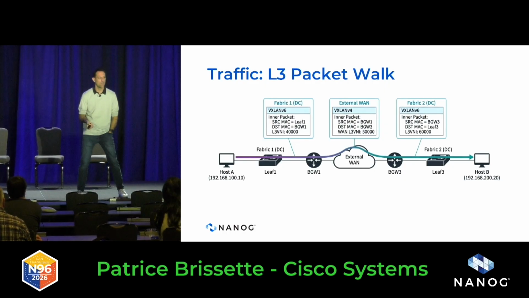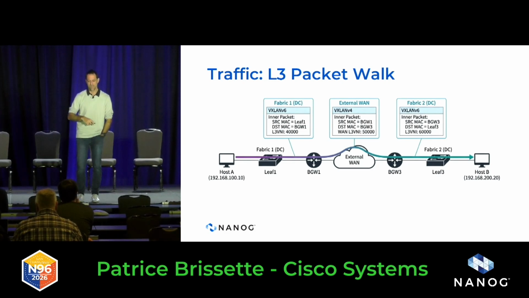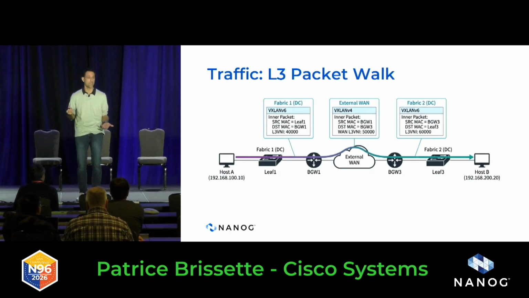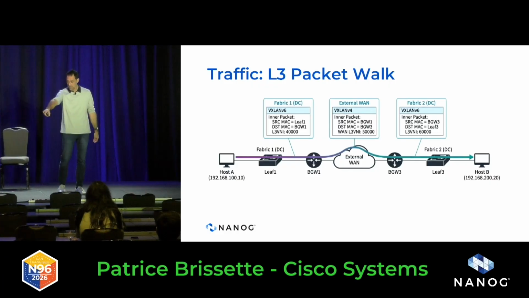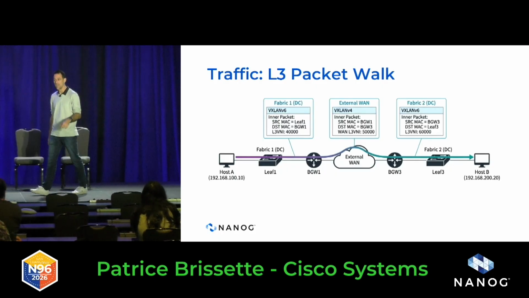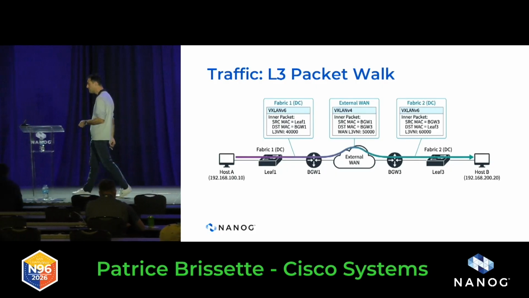Then you do a MAC lookup. That MAC lookup is the router MAC, which gives you a dummy SVI, and the dummy SVI gives you the VRF. Then you do your IP lookup and you keep going. This is why you're seeing in that picture that the source and destination MAC are always changing. This is a nightmare, but that's what it is.